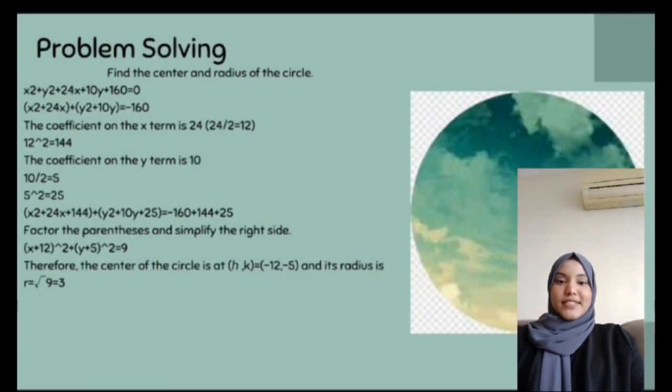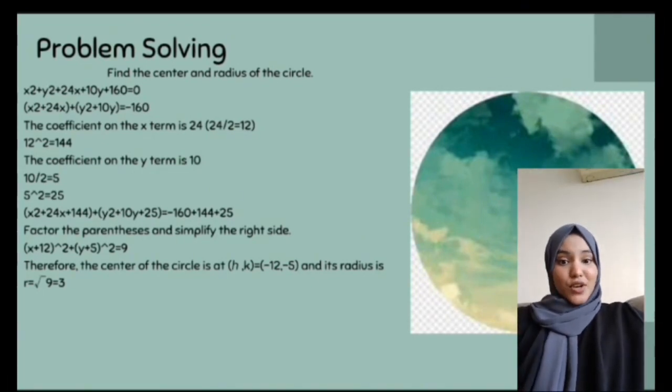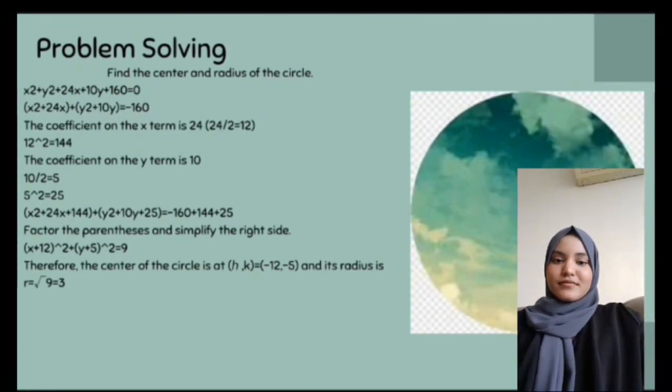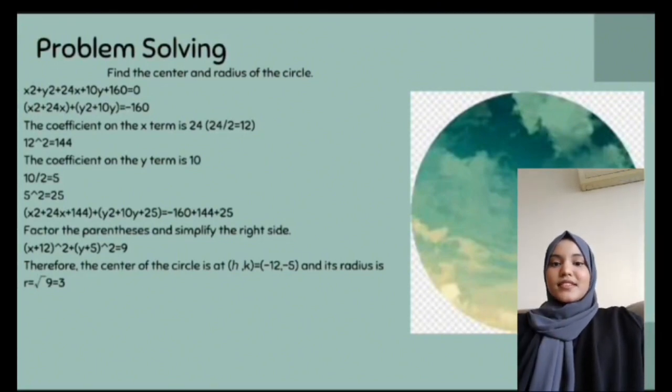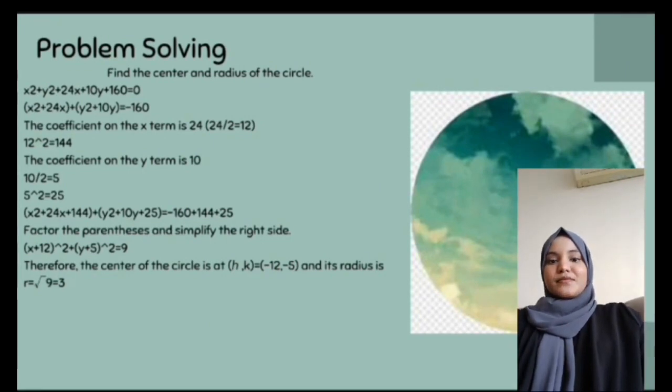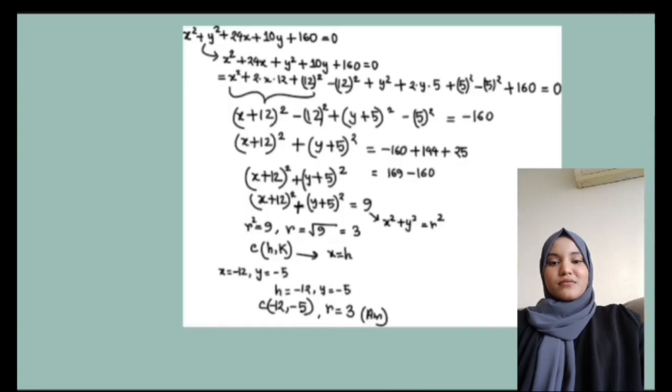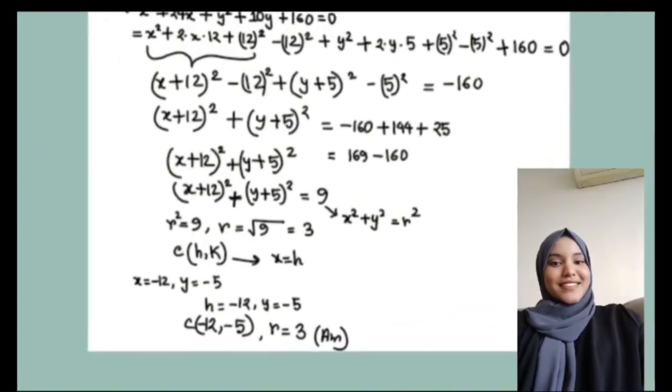We have to find the center and the radius of the circle. How? By using the completing the square method, we can get the answer very easily. I have given a handwritten note where I solve the equation easily so all of you can understand.